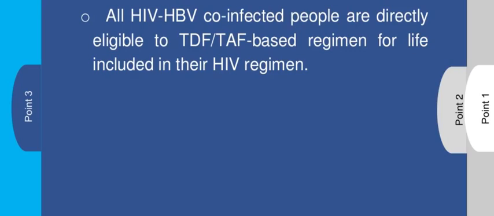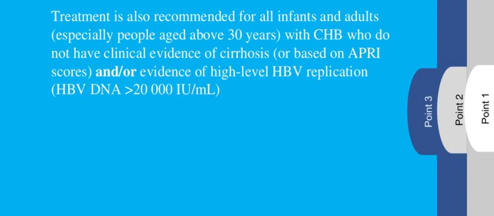And when you're going to be on HIV treatment, you include the medication that works against hepatitis B. The second group is that if they don't have cirrhosis, their viral load has to be high, more than 20,000. That is when the drug can work efficiently. So this is a very important point to note.